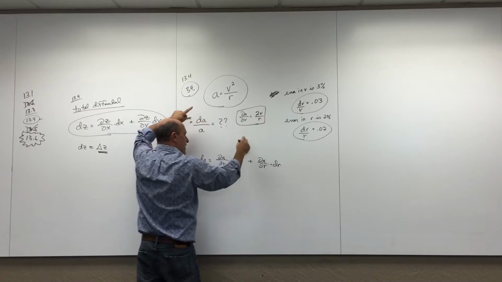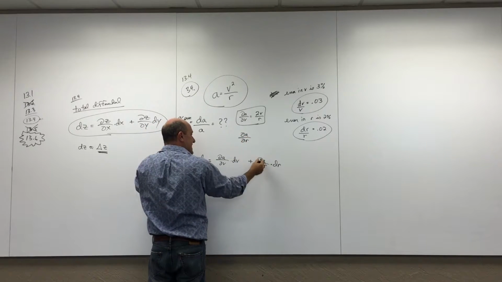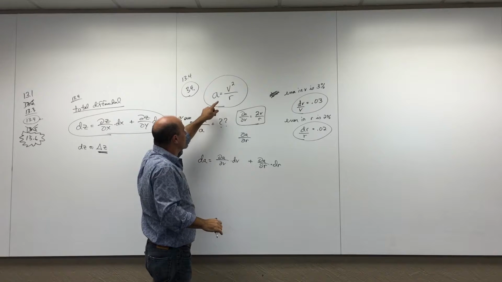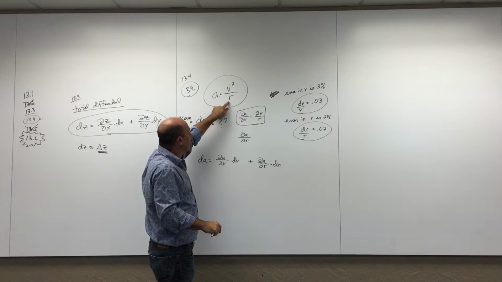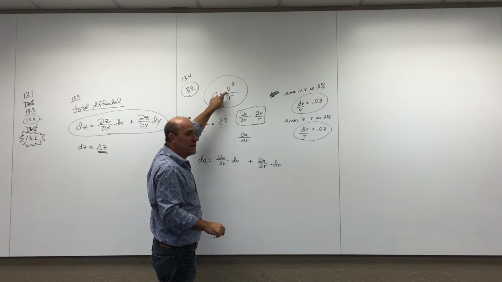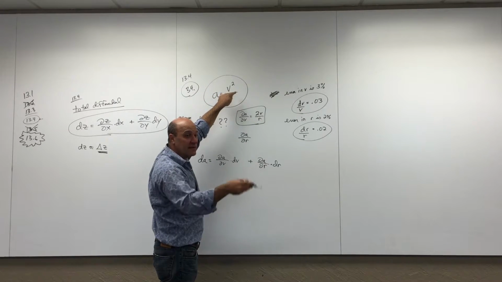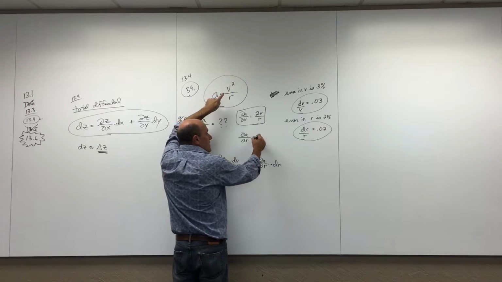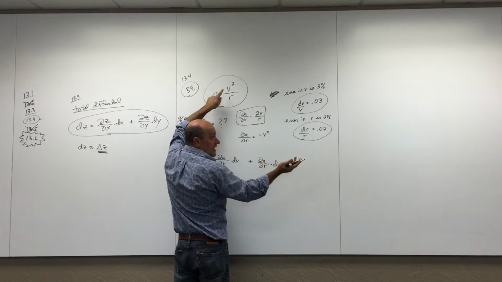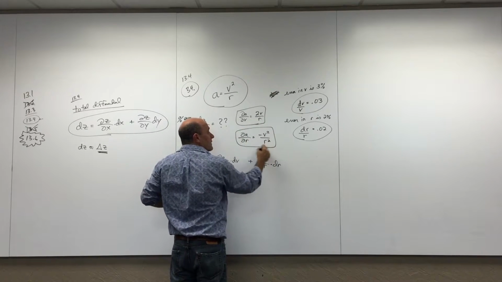That's cool. We need that right here. I also need dA over dr. In other words, treat r like the variable. You treat v squared like a constant. So r is the variable. Move it up, call it r to the negative 1. Take the derivative: negative v squared r to the negative 2, or negative v squared over r squared.